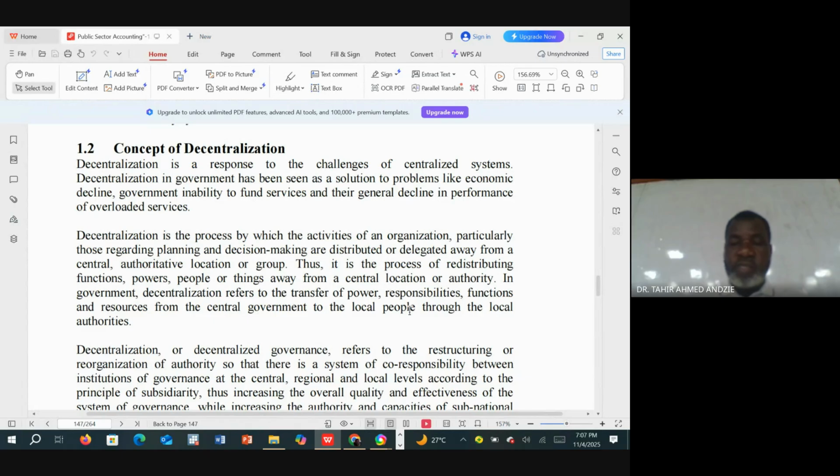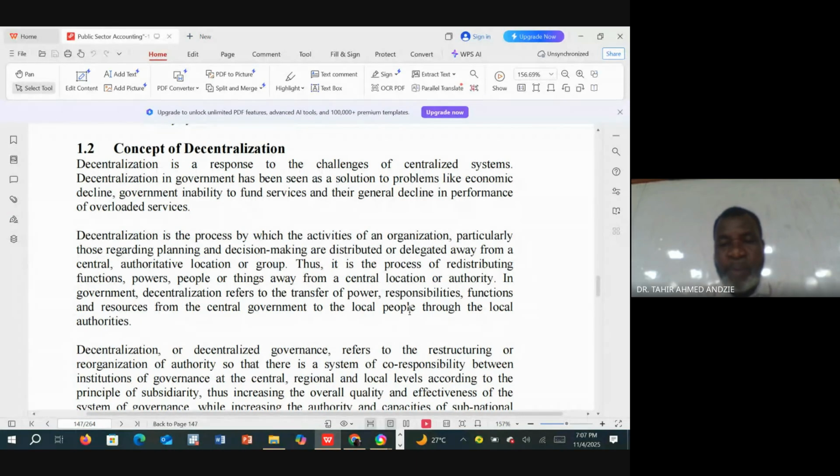Okay, so through the central local governance system, the power to function, the power to develop the local areas, the power to administer governance is delegated to the people at the local area.